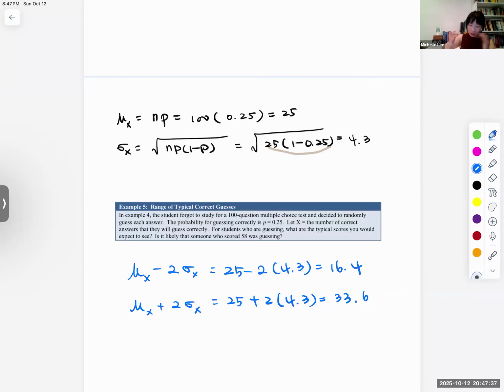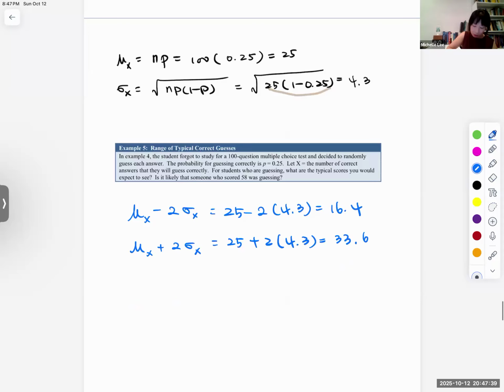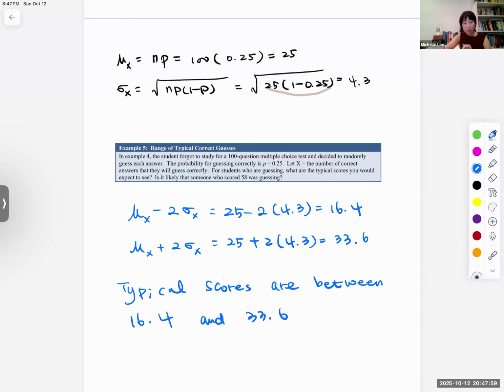Okay, so the typical score is between 16.4 and 33.6, right? Okay, 58 was unusual.